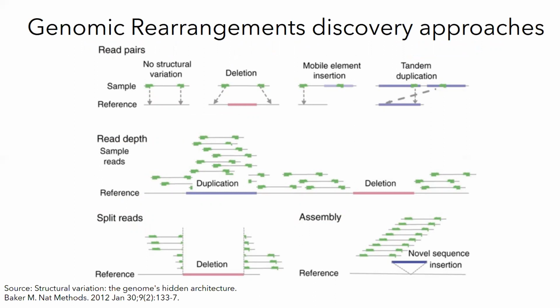So, apart from the read depth method, in order to identify structural variations, we have other methods as well. Read pairs examine the length and orientation of paired-end reads. So, when the reads are here, there is no structural variation, but when we have read pairs further apart than expected, we have a deletion.